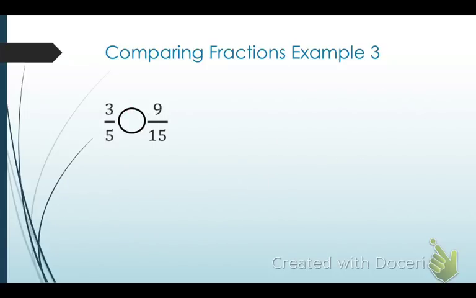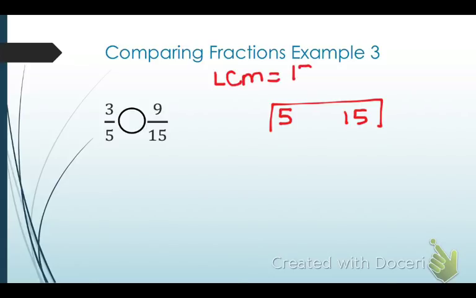Next example. I'm looking at my denominators, and again I have 5 and 15. And I know 5 will go into 15. So the LCM is going to be 15, just to prove my point.